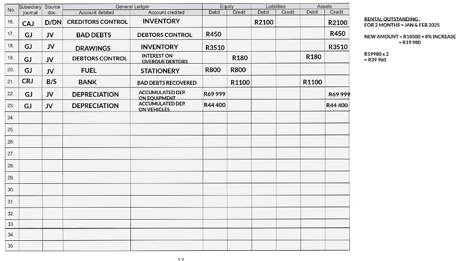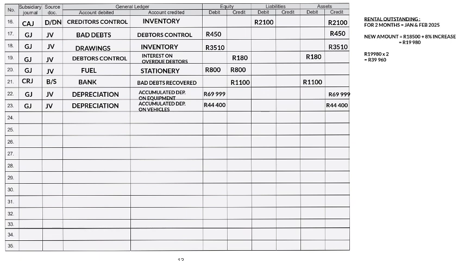It is outstanding for 2 months, January and February. We know that we always used to pay 18,500 Rand, but now it's going up with 8%. So if you say 18,500 Rand plus 8%, you get a new amount of 19,980 Rand. Because it's outstanding for January and February, we're going to multiply that by 2.